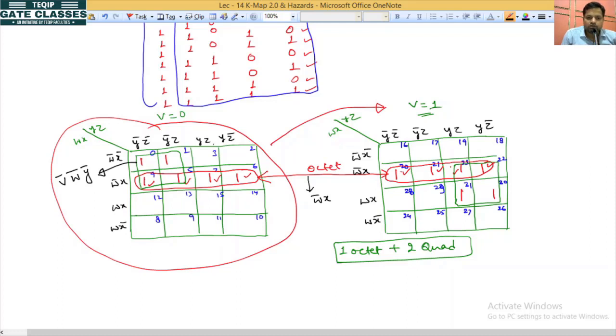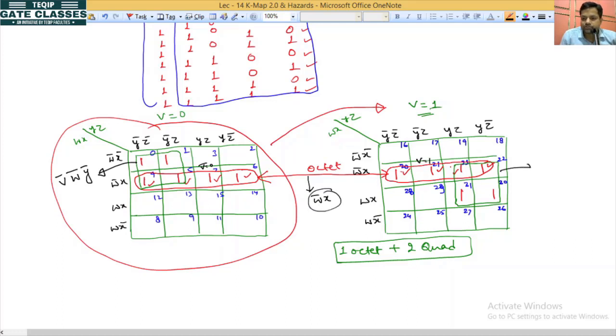And we know that this one is v equal to 0, this one is v equal to 1, so it will be v bar, and this one is v, so this is also not common. So the expression for this octet will be this one only.